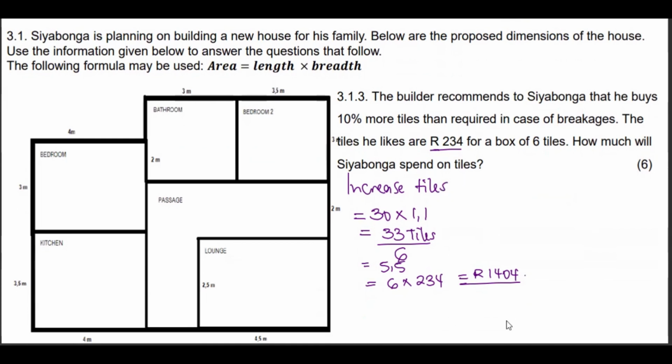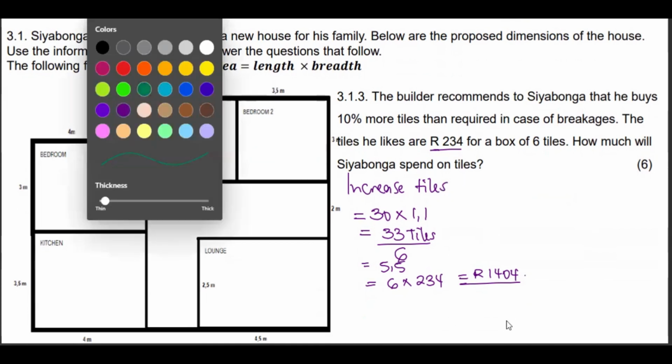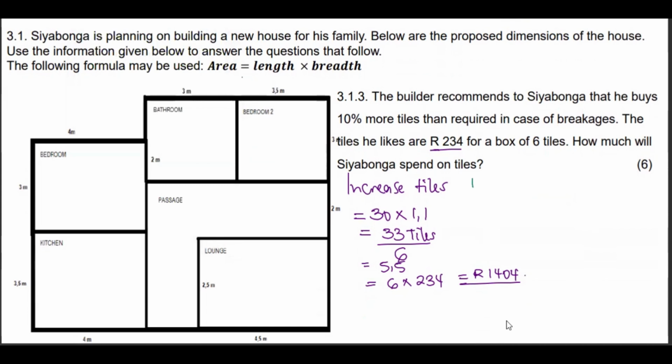Increasing the tiles, we shall say 10% of 30. The reason why I don't usually like this is people forget to add. So here, this is 3, plus 30, we end up having 33 tiles. So pack these into boxes of 6 each.